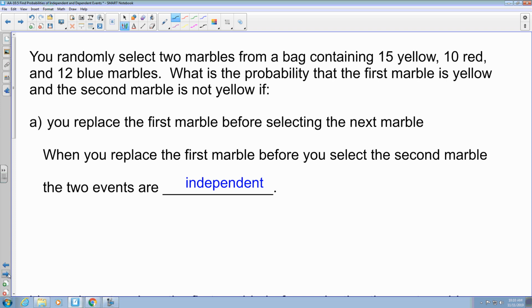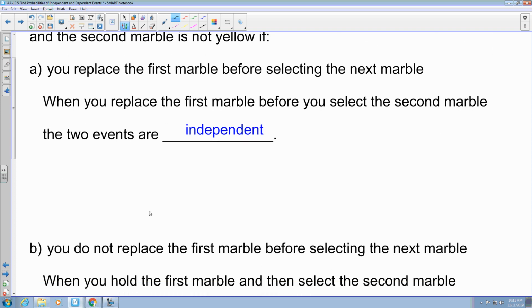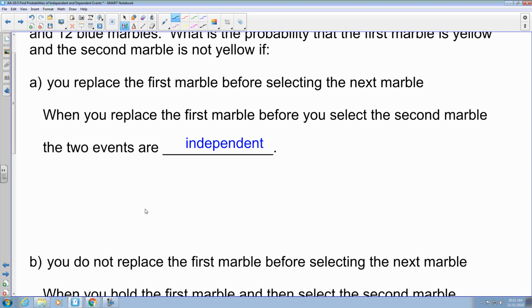What is the probability that the first marble is yellow and the second marble is not yellow if you replace the first marble before selecting the next marble? When you replace the first marble, the two events are independent. So they want to find the probability of a yellow times the probability that it's not yellow. And the little squiggly mark means not.